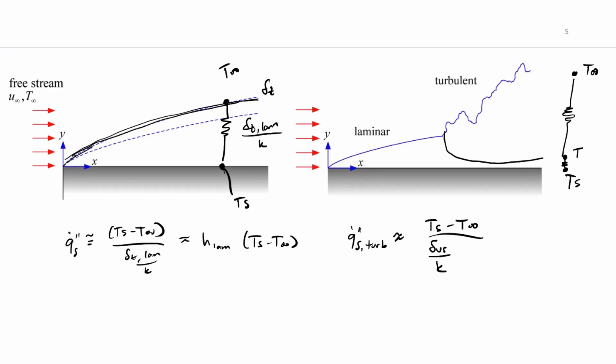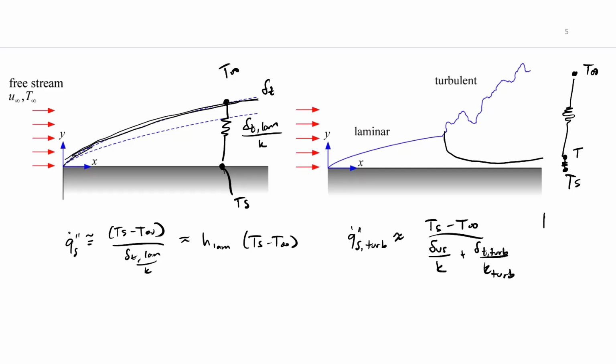Then the second resistance, in series with that, is going to be delta T turbulent divided by my effective conductivity in the turbulent region. If I were to be very particular, I could say this is actually delta T turbulent minus delta Vs, but it turns out that delta Vs is so small compared to delta T that, as long as we're doing an approximate model, it's basically the same thing as delta T. The other thing we want to remember is, what did we say before?